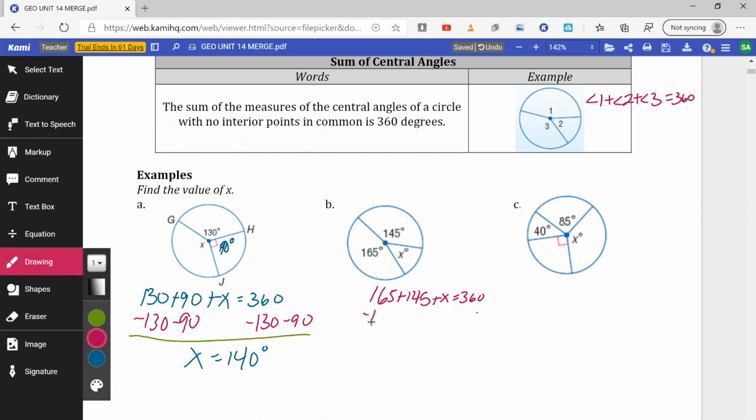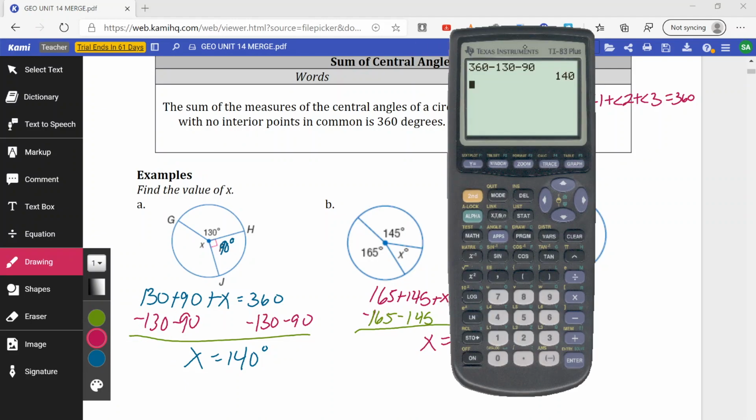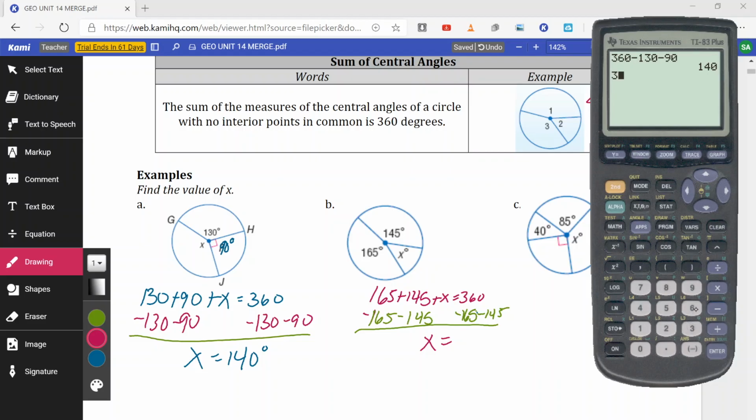And I have to subtract the 165 and the 145 from both sides. When we do that, we're left with x equals, and again to save time, 360 minus 165 minus 145. So x is going to be 50 degrees in our case here.